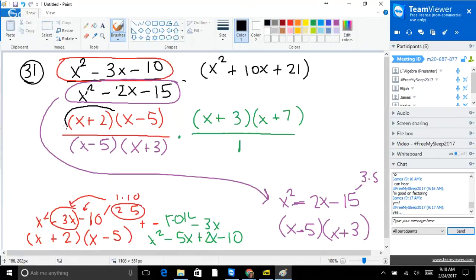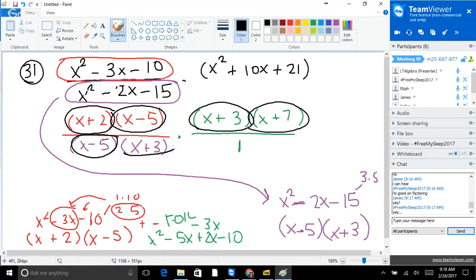It's this times this times this times this divided by this divided by this. So if you think of each of those in the black circle, like that's 1 unit. I have x plus 3 multiplied by x plus 7. Then this is a giant multiplication problem. Okay, and I can cross those whole units off.